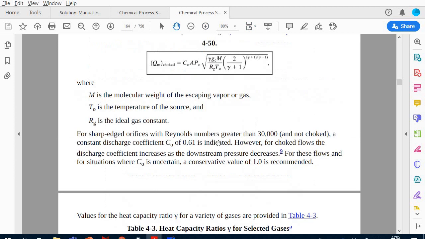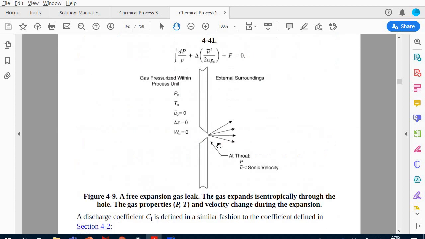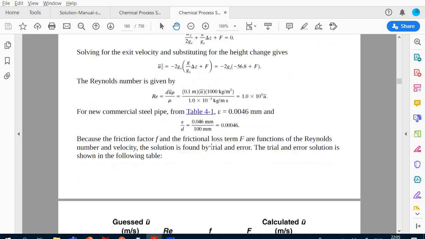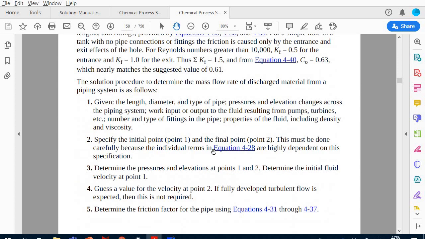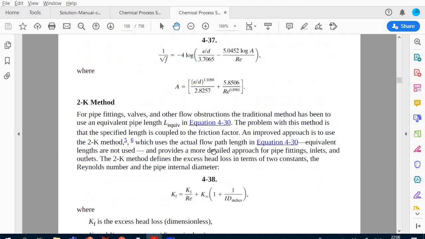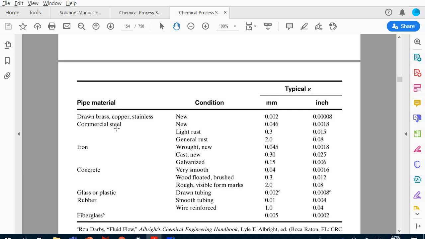So what do you mean by a commercial steel pipe? So if you go back and look for the commercial steel pipe, where's the commercial steel pipe? Okay, so the new commercial steel pipe, you can see here that E, the roughness, in millimeters is 0.046, in inches is 0.0018.